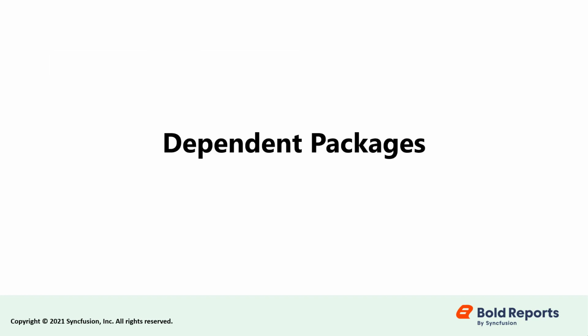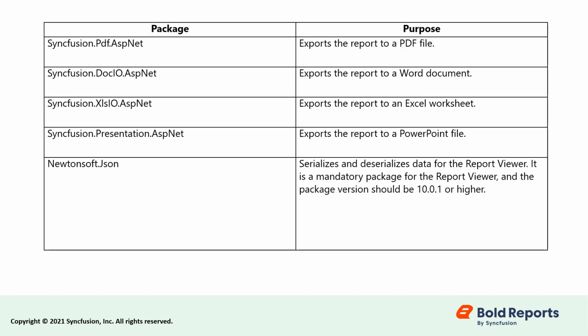The following table provides details about the dependency packages and their usages. The syncfusion.pdf.ASP.NET package is used for exporting RDL or RDLC reports in PDF format. The syncfusion.docio.ASP.NET package is used for exporting RDL or RDLC reports in Word format.